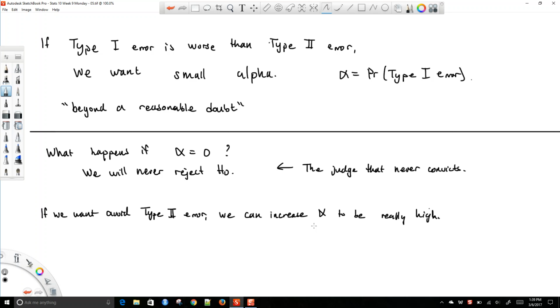This means we will almost always reject the null hypothesis, but this will result in a high type 1 error rate.